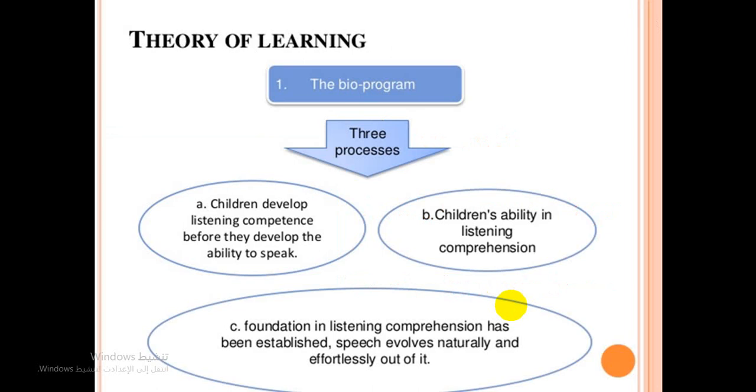The first hypothesis of this method, the bioprogram hypothesis, sees first and second language learning as a parallel process, and this hypothesis has three processes.